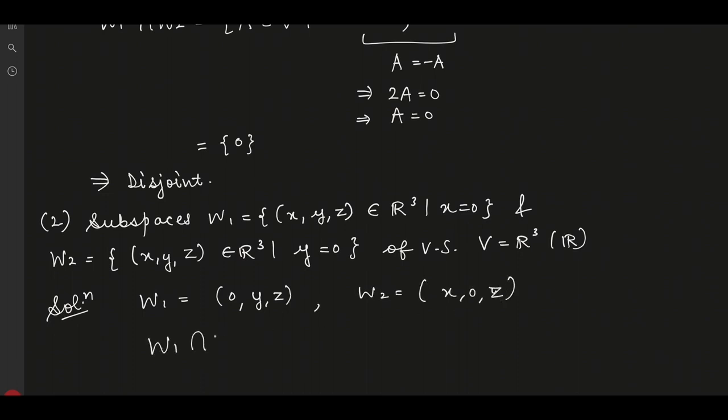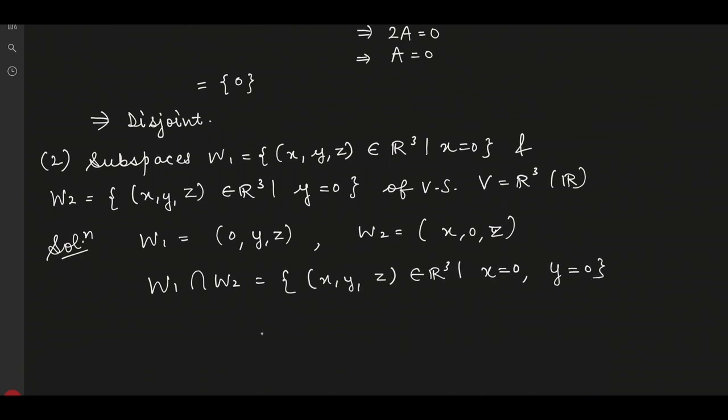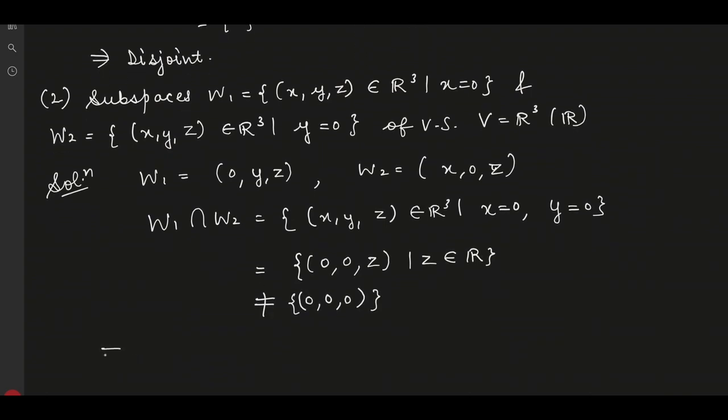So their intersection will be XYZ belongs to R cube such that x is equal to 0 and y is equal to 0. Means it will have elements of the type 0, 0, z, where z belongs to real numbers. So clearly it is not equal to the 0 subspace. So it is not disjoint.